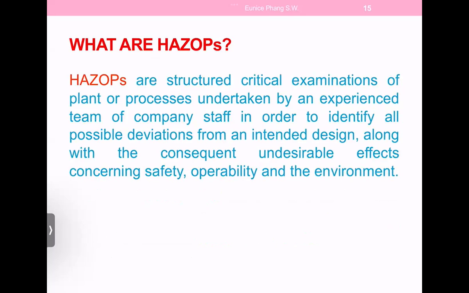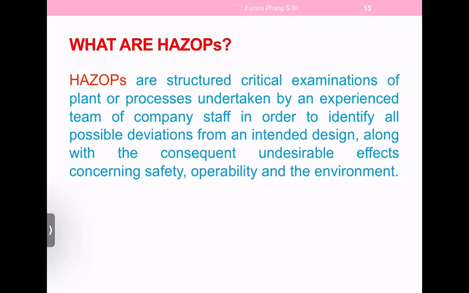Most of the time HAZOPs are done before the process is designed, and also during safety review, meaning when your process is up and running. Every 3 to 5 years, we will review the HAZOP, depending on the company. HAZOP requires a lot of manpower, because you need to sit down and spend maybe 2 days to 1 week or even 2 weeks to do a complete HAZOP analysis.